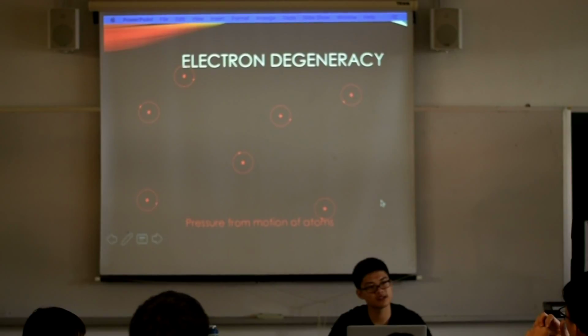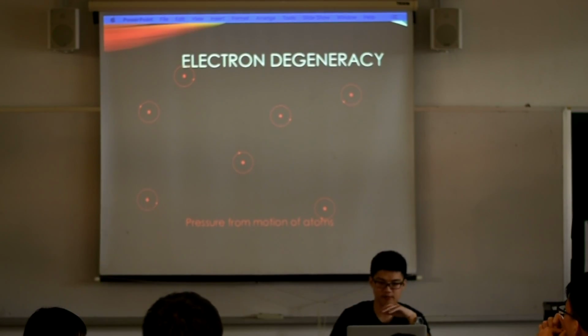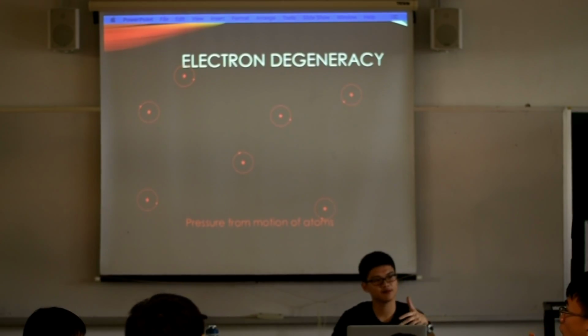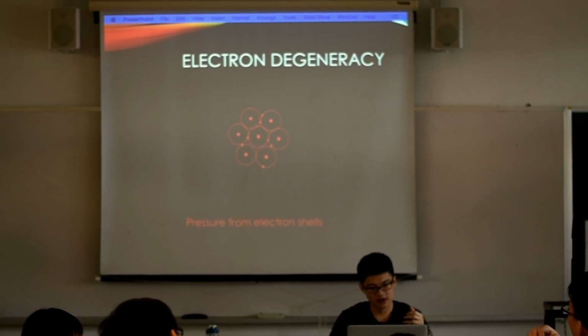This diagram shows how electron degeneracy happens. The pressure from the motion of atoms and the gravity make the core collapse.